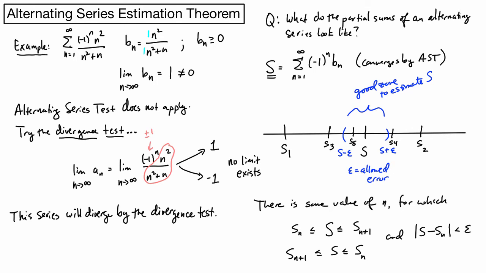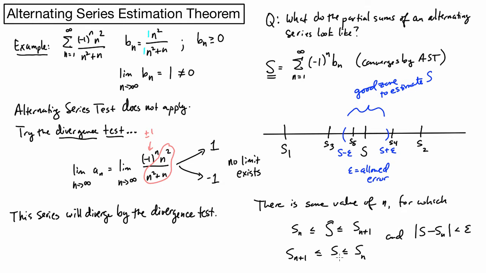So as I go further out in the partial sum sequence, I can get closer and closer to the real sum, but I do it in a way that's alternating, which means that S is in between two consecutive partial sums, always.